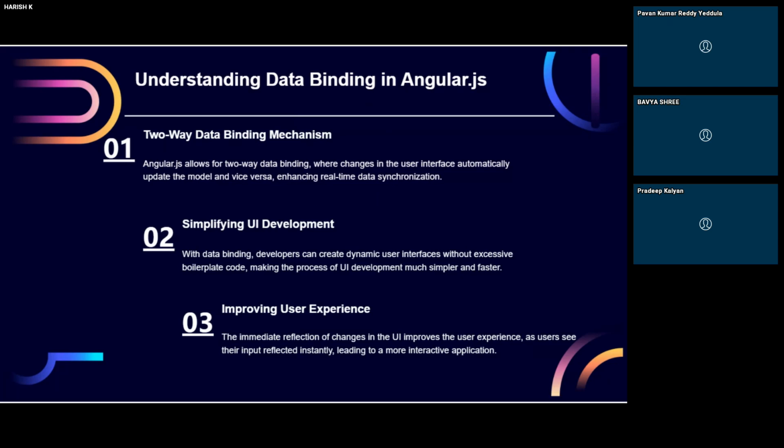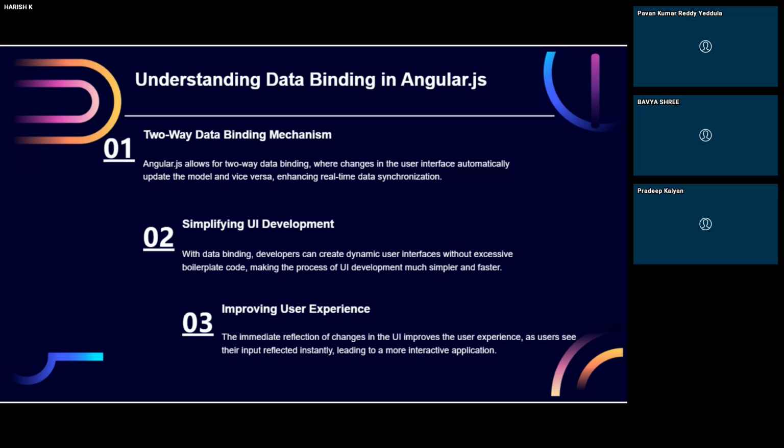One is the two-way data binding mechanism, another is simplifying UI development, and then ultimately improving the user experience. These are the three ways followed to understand the data binding process. The first is known as the two-way data binding mechanism, which allows you to make changes in the user interface and automatically update the model in real time. So this is the main feature, the two-way data binding mechanism.